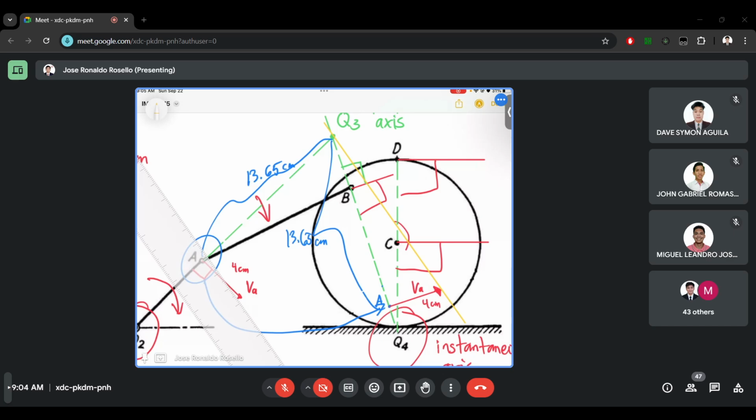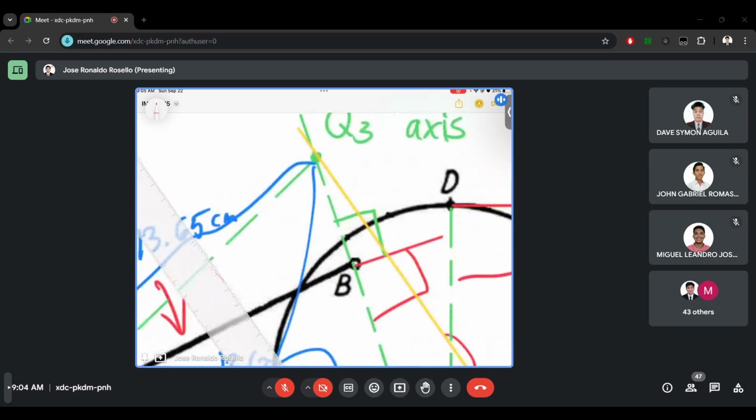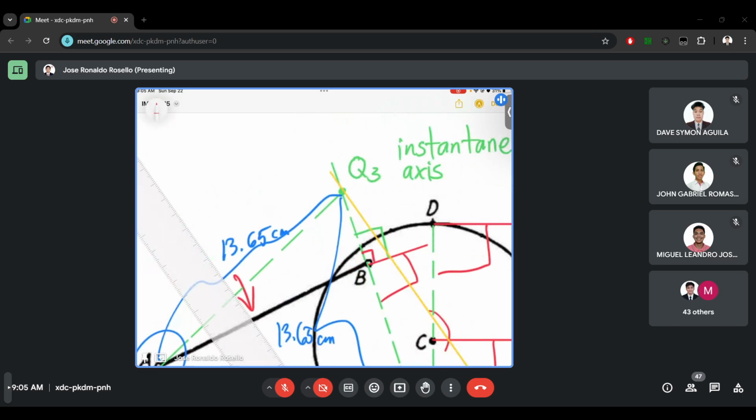Then, since we have the similar triangles, if the vector of velocity A is here and the vector of velocity B is here, we can assume that this is the end of velocity B. So this is now velocity B. Let's measure it in a ruler.